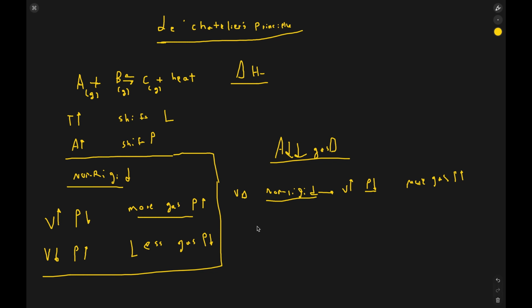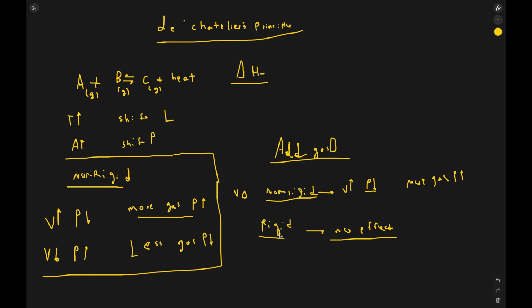Okay, now what if it's a rigid container? It means that the volume does not change. So if you add an inert gas, or a gas that's not in the equation, it will have no effect on the equilibrium position, right?